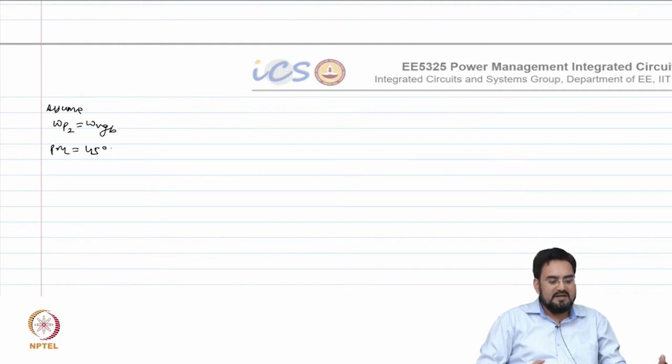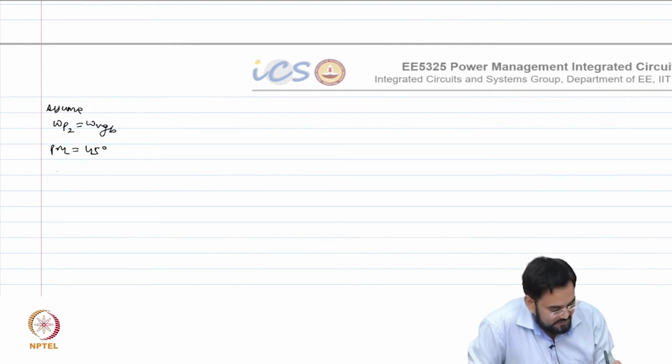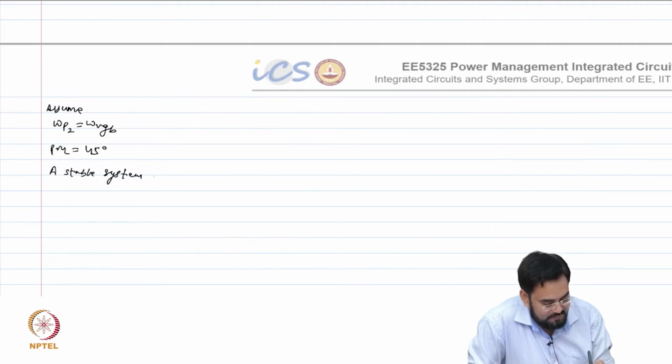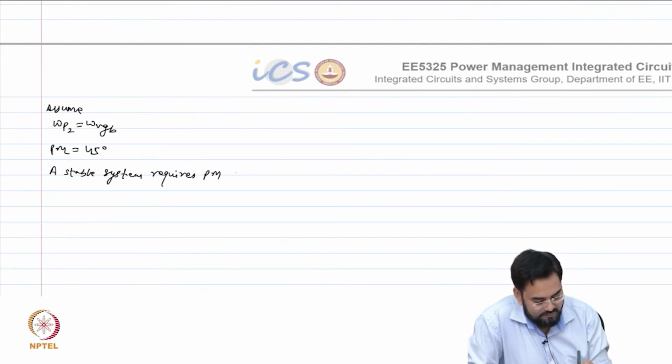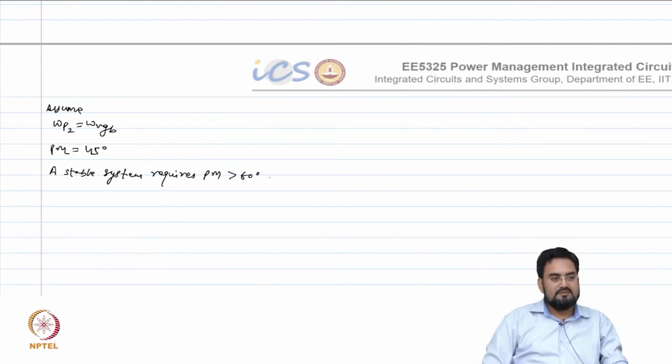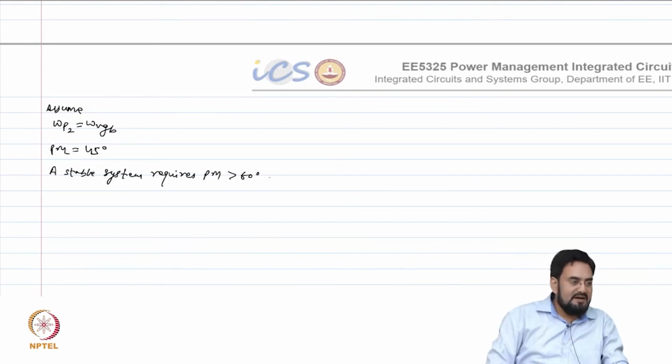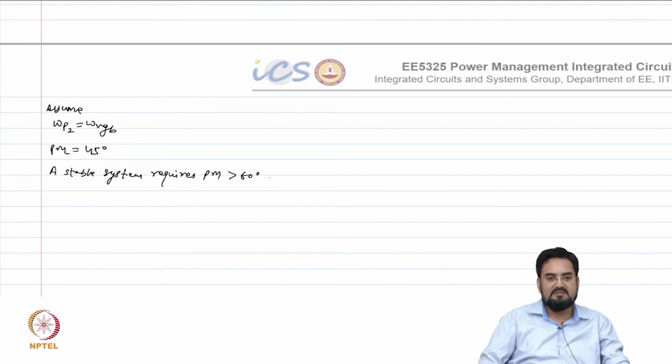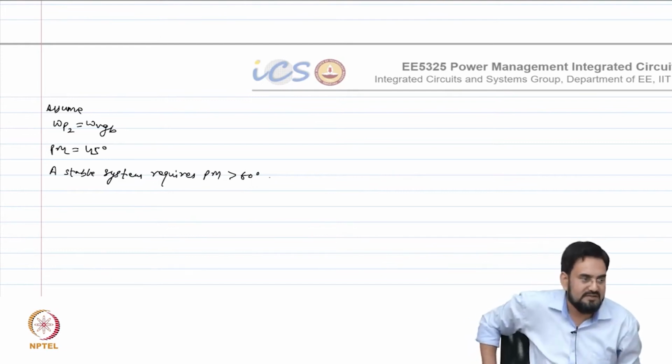And in order to have a very good, stable system, what is the phase margin required? This is marginally stable actually. This is a practical requirement, not theoretically. You can say your system is stable even if your phase margin is more than 0 degree, even 10 degree.